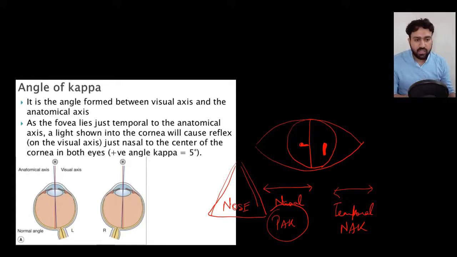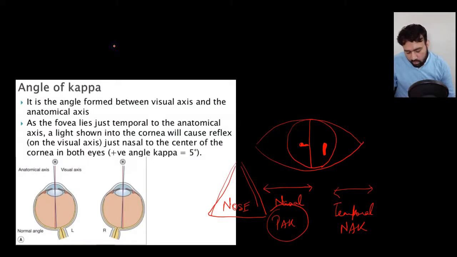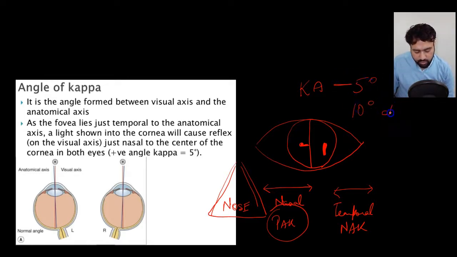Because it's on the other side. So the convention states that if it's on the nasal side, it's positive. If the reflex is on the temporal side, it's negative, right? Now, normal values, I just want to briefly touch upon this. The normal value for angle kappa is 5 degrees in adults and 10 degrees in children.